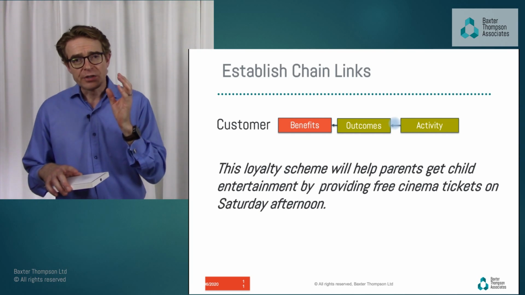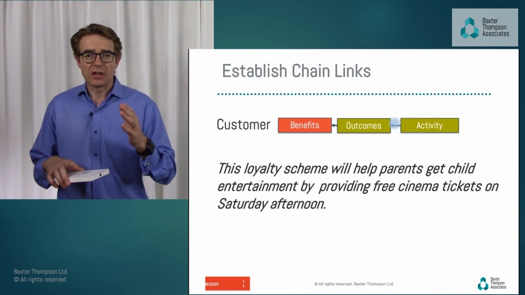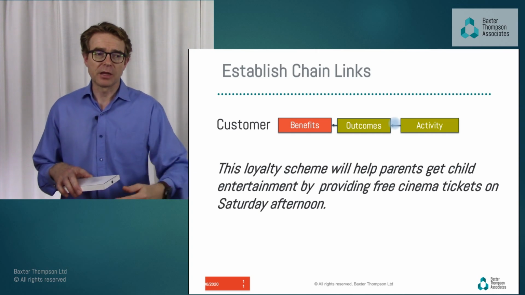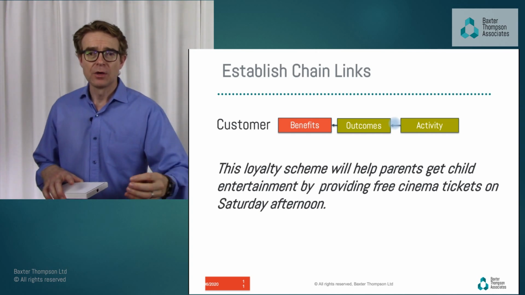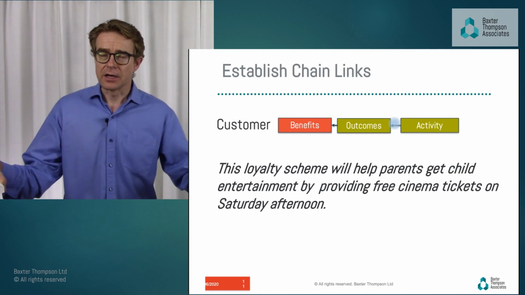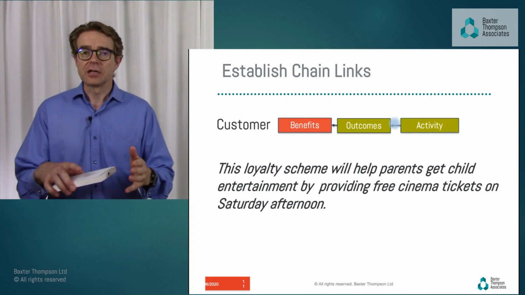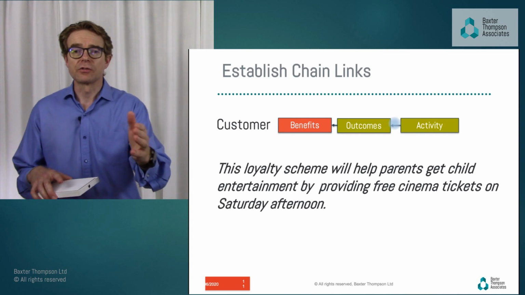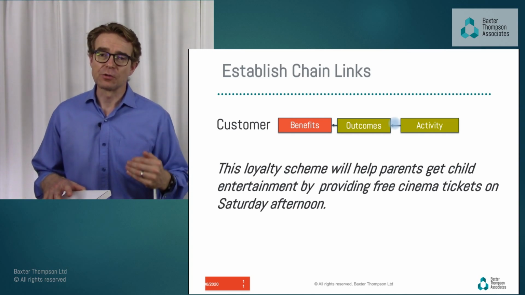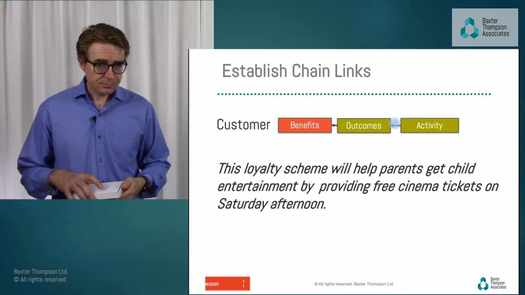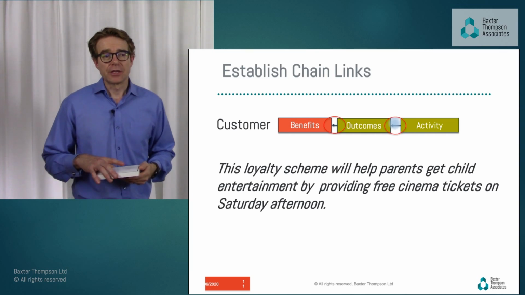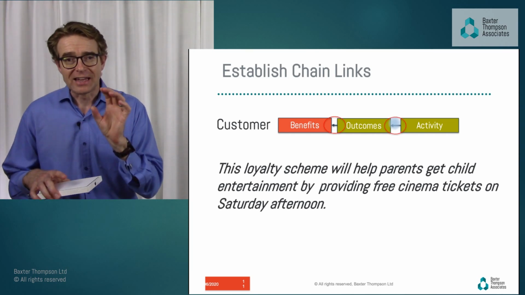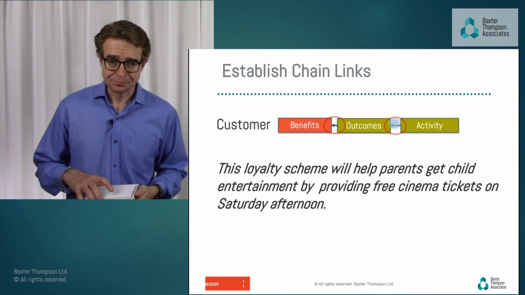Now, what we need to demonstrate is that if an action takes place that delivers the outcome, which everybody recognizes and agrees upon, which then delivers the benefit that all the individual stakeholders at least perceive as having something in it for them. Now, the important point is that link has got to be there.